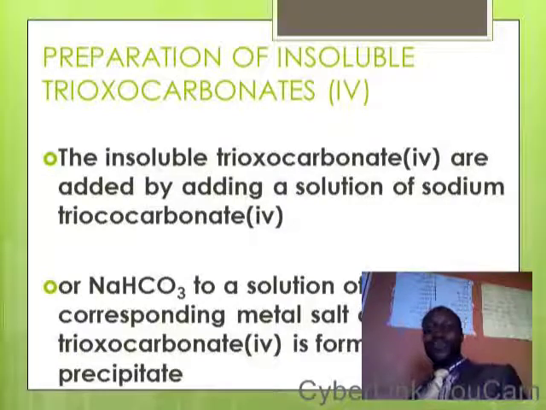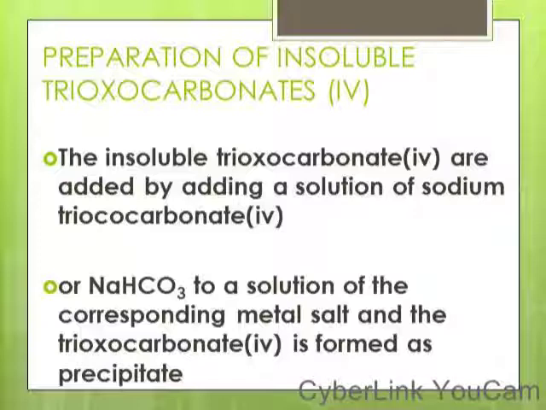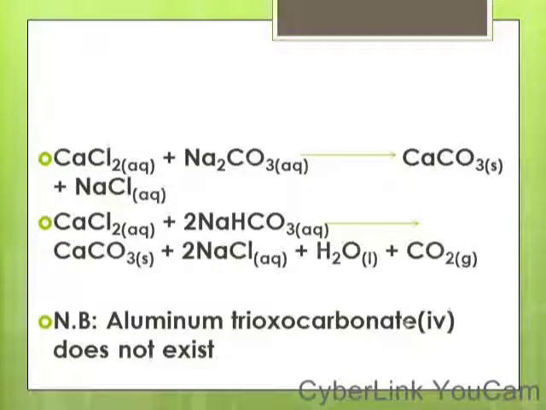Preparation of insoluble trioxocarbonate(IV). The insoluble trioxocarbonate(IV) are prepared by adding a solution of sodium trioxocarbonate(IV) to a solution of the corresponding metal salt, and the trioxocarbonate(IV) is formed as a precipitate.